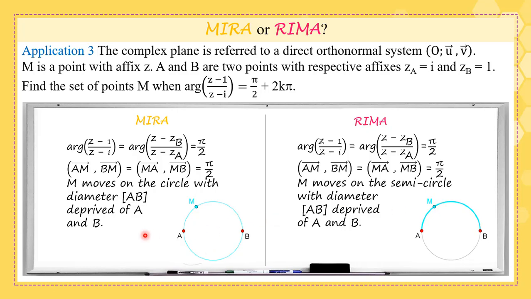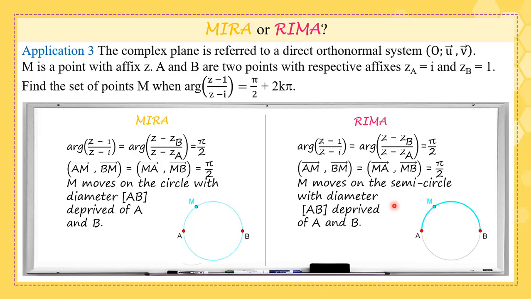If I choose a point here on the circle of Mira, in the lower part of the circle, somewhere here on this red point, in this case the oriented angle MA, MB will not be pi over 2, it will be in fact negative pi over 2. So I can see that Mira's work is not correct, whereas according to Rima's work, if we choose M somewhere here or anywhere on this blue semicircle, the oriented angle MA, MB would be pi over 2.